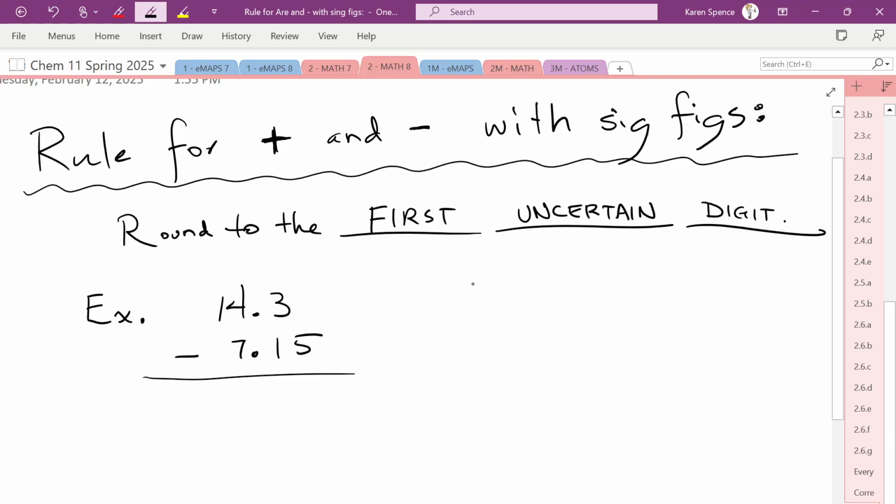Remember, what you want to do is circle or underline the uncertain digits. I like circling, but you can underline or highlight.